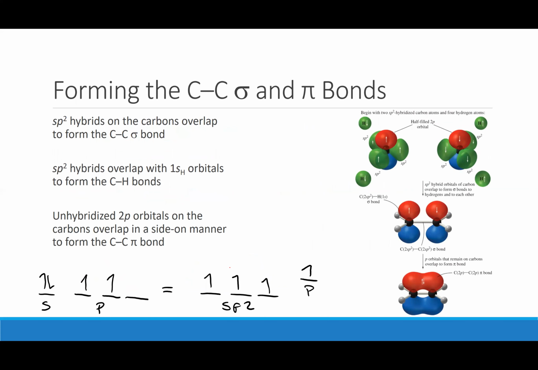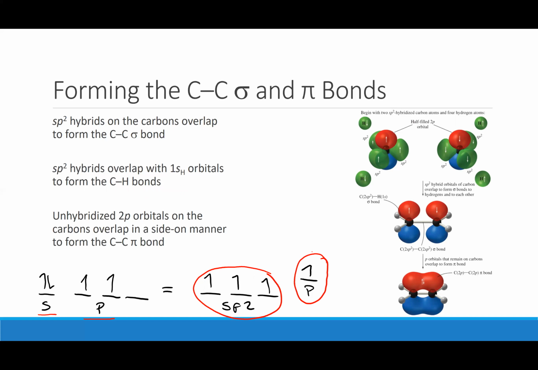An sp2 is again made of 1 s and 2 p orbitals, ending up in this 3 sp2 orbitals and 1 p orbital that is unhybridized.